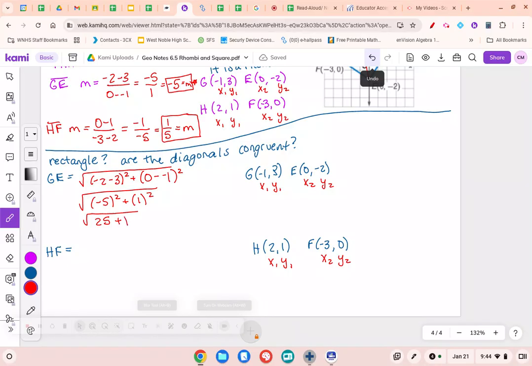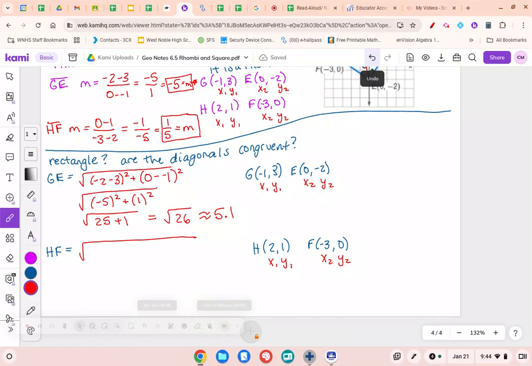Reminder, -5 times -5 is 25, not -25. So this is the square root of 26. If you wanted to round this, it would be about 5.1, or you can just keep it and compare with the square root of 26. Now I'm going to move on to FH, or HF.